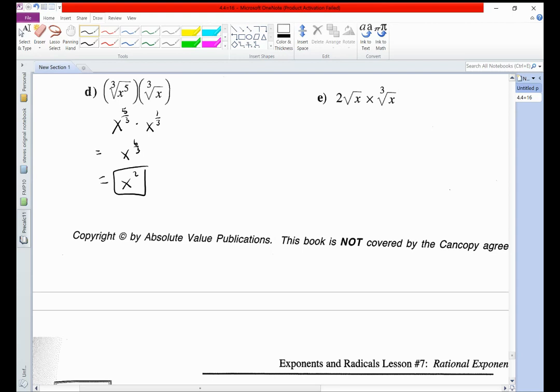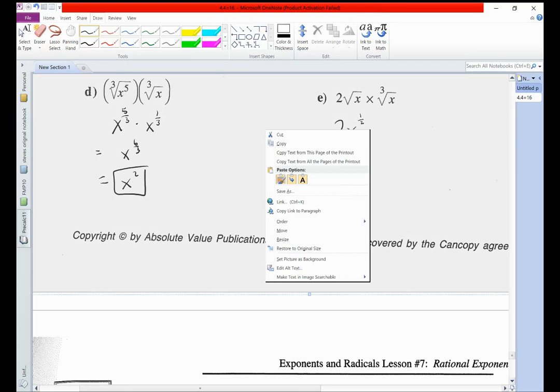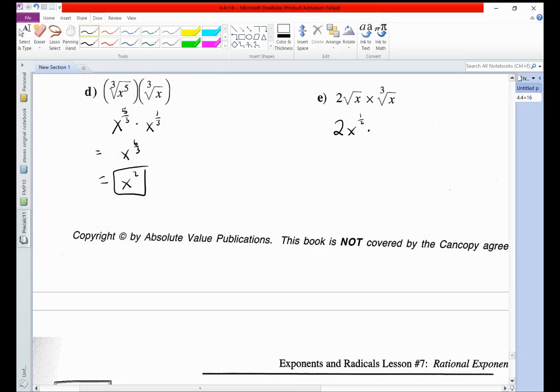And now we have 2 square root x multiplied by cube root of x. So you can say that this is 2 x to the power of 1/2. We convert that into a 1/2 multiplied by x to the 1/3.